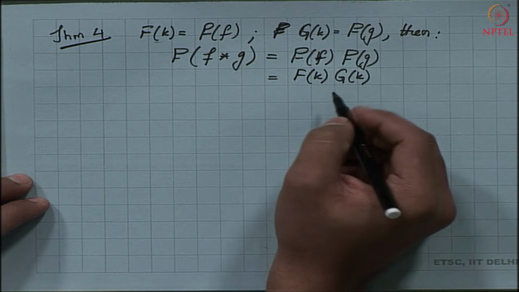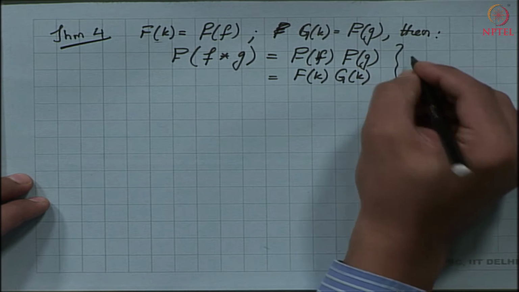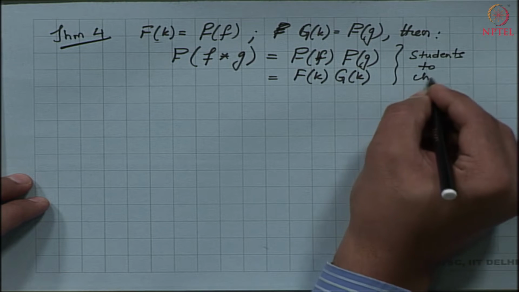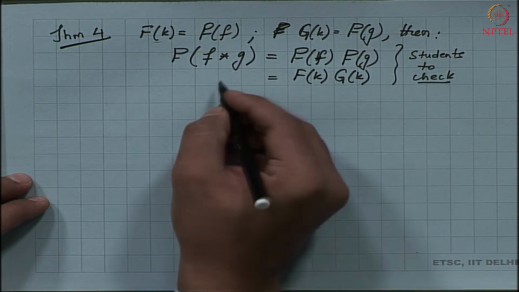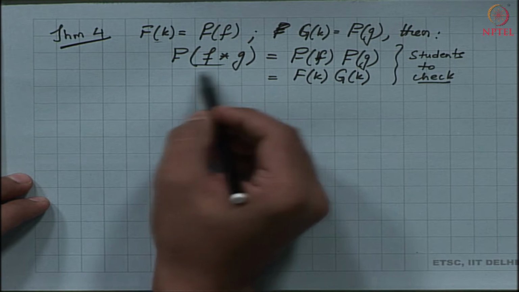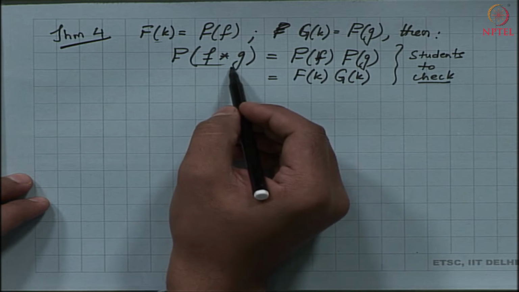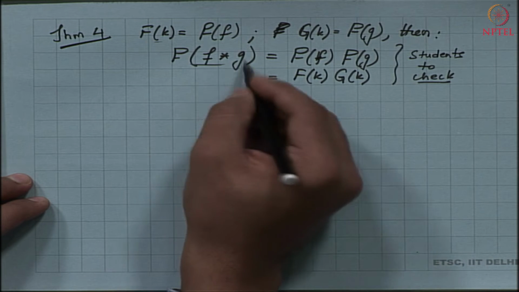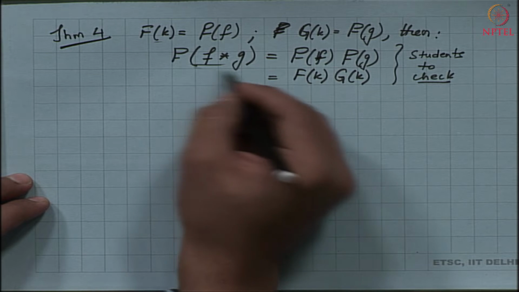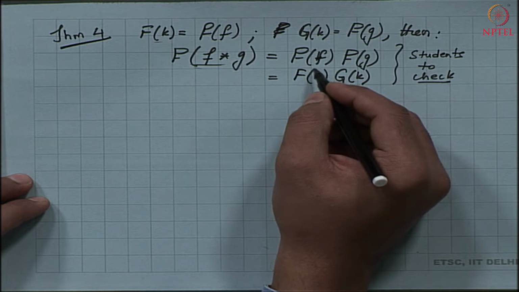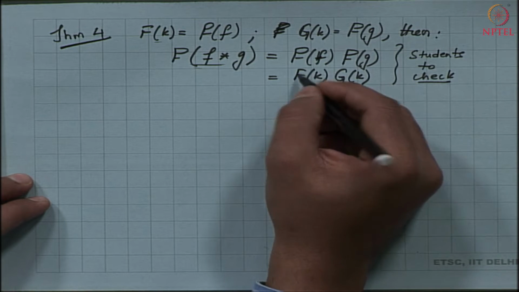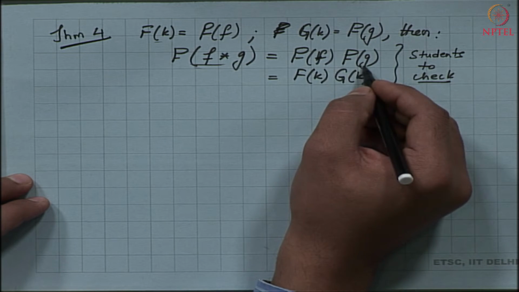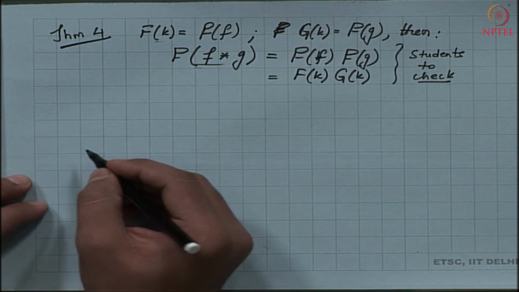Now, this is something that I would ask the students to check. Okay. So, this is quite easy to check. We already know the definition of the convolution of two functions, then you have to apply the Fourier transform to that convolution function using the standard definition, and from there you have to separate out the two integrals, one corresponding to the Fourier transform of f, the other corresponding to the Fourier transform of g, to arrive at this result.